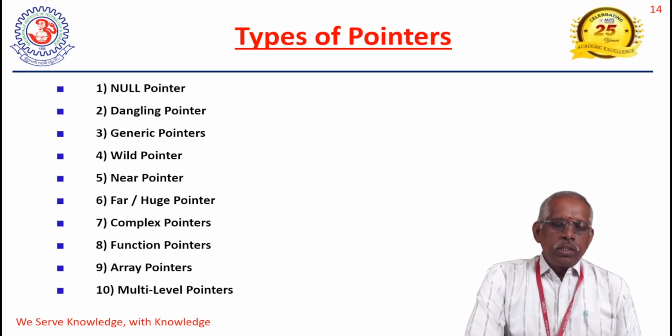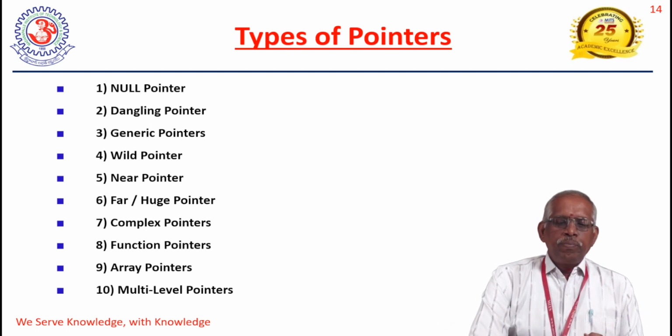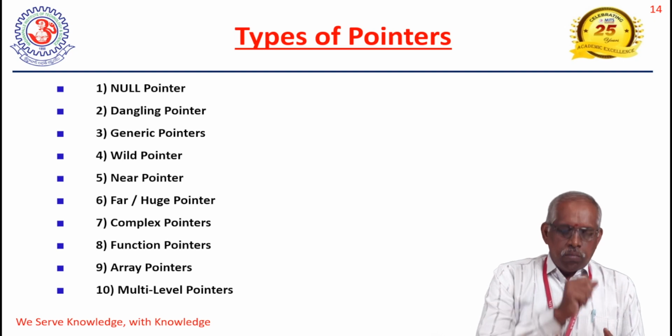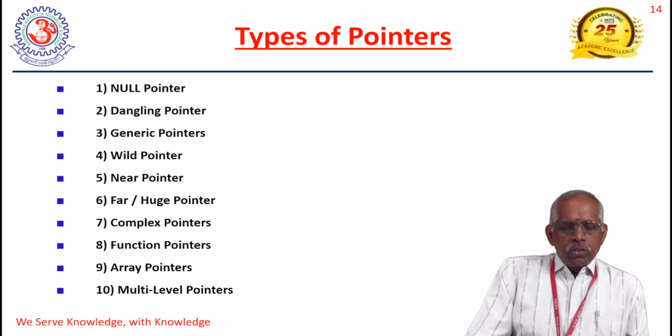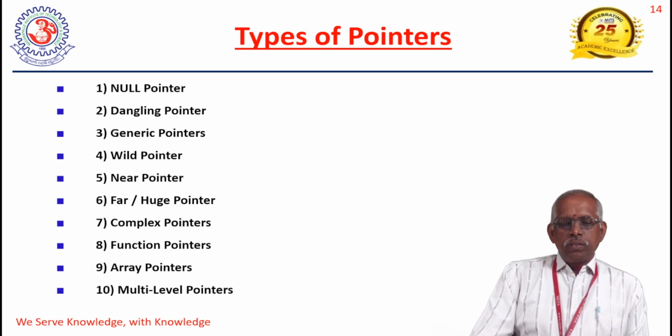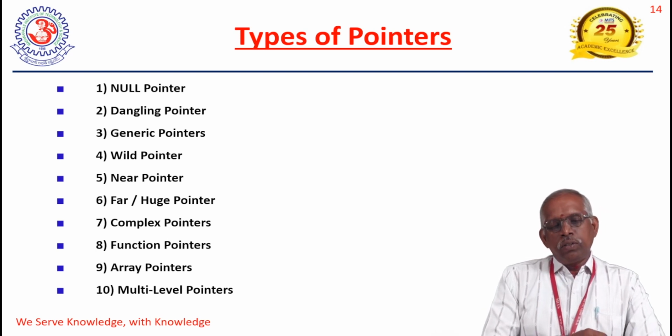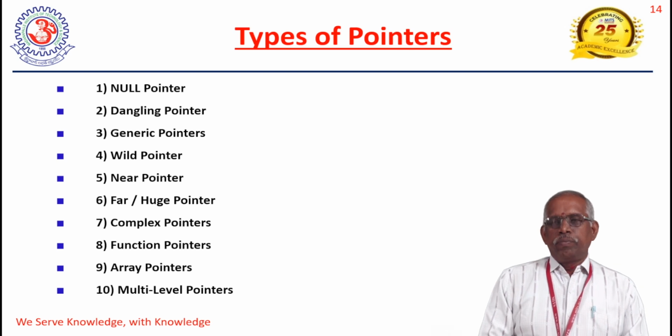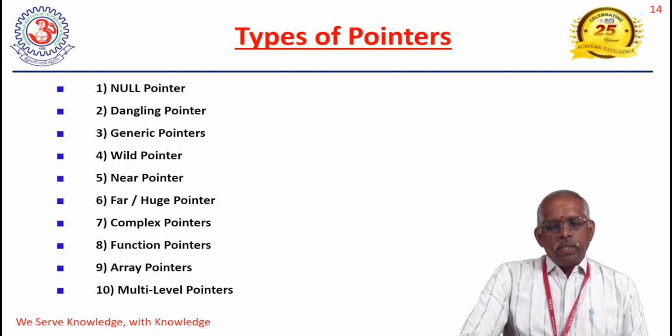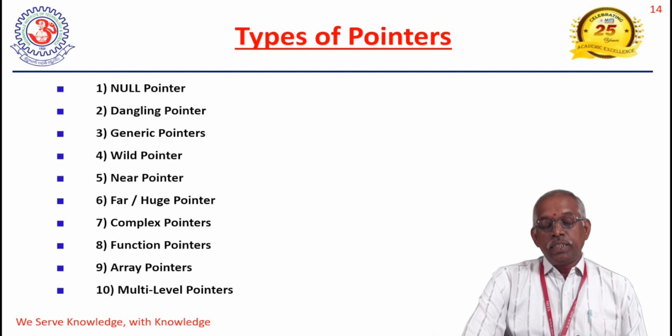And the actual topic we are moving to now is the various types of pointers in C. So these are the different types we have. Normally, we say only pointer in C, but in pointer itself, we have this many variations.